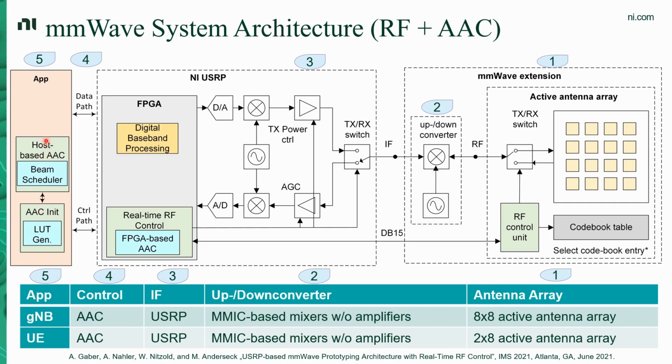The second component is the host-based antenna array control. This block is used for beam update, which is part of the beam scheduler. The last component is FPGA-based antenna array control, where we have the whole real-time RF control implemented.